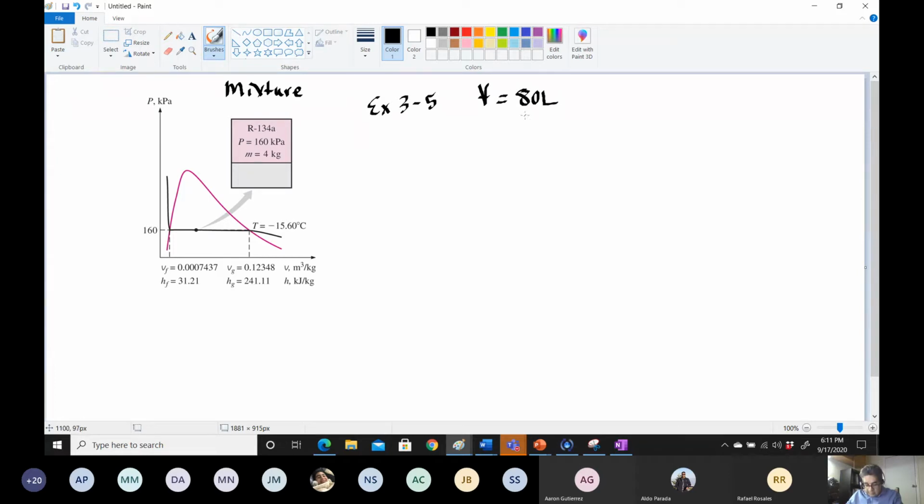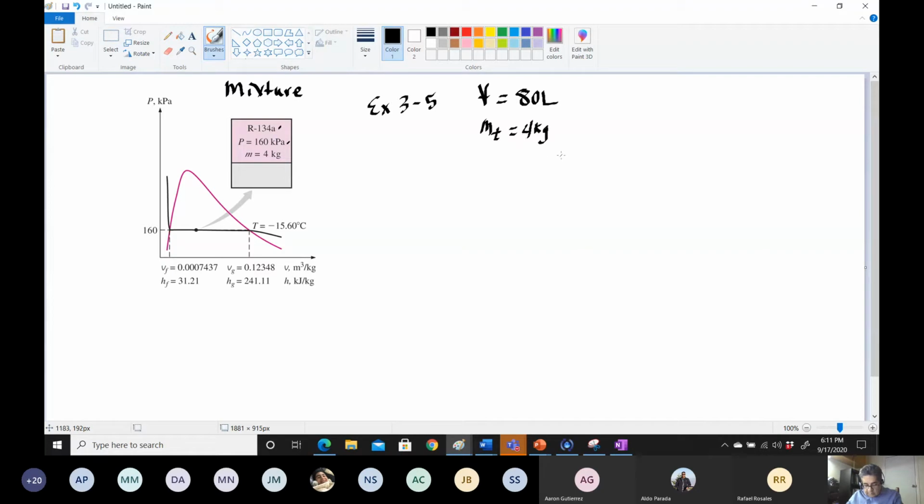An 80 liter vessel contains 4 kilograms of refrigerant 134a at a pressure of 160 kilopascals. So this is total mass. They're not telling us this is the mass of the liquid or the vapor. They're giving us the total mass. So we got that the total mass, mT, is equal to 4 kilograms.